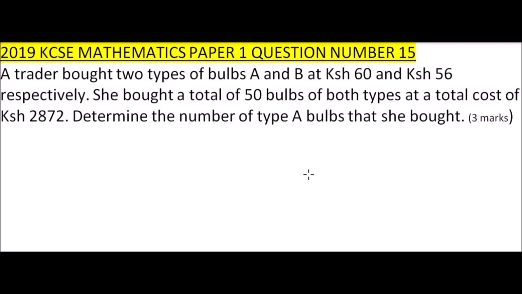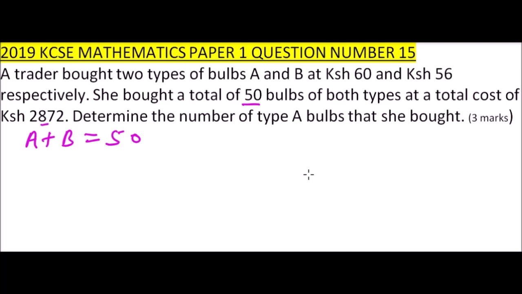For example, if the total number of bulbs were 50, then A plus B equals 50. That is one equation. Then the bulb of type A was bought at 60 and type B at 56, and the total was coming to 2,872.